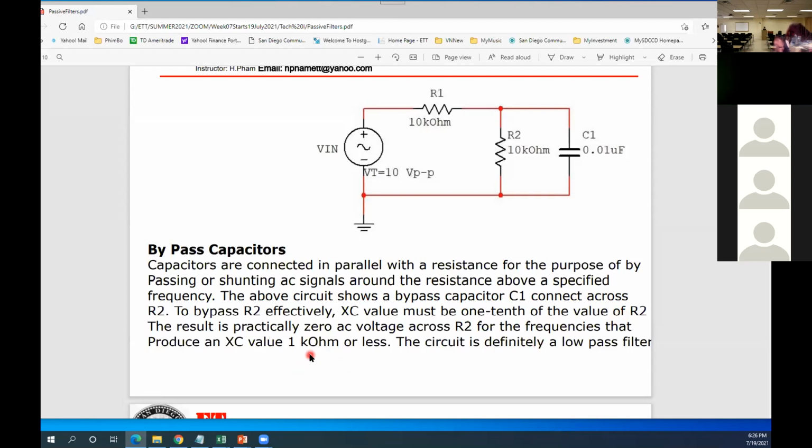The result is practically zero AC voltage across R2 for the frequencies that produce a reactance of 1 kilo ohm or less.